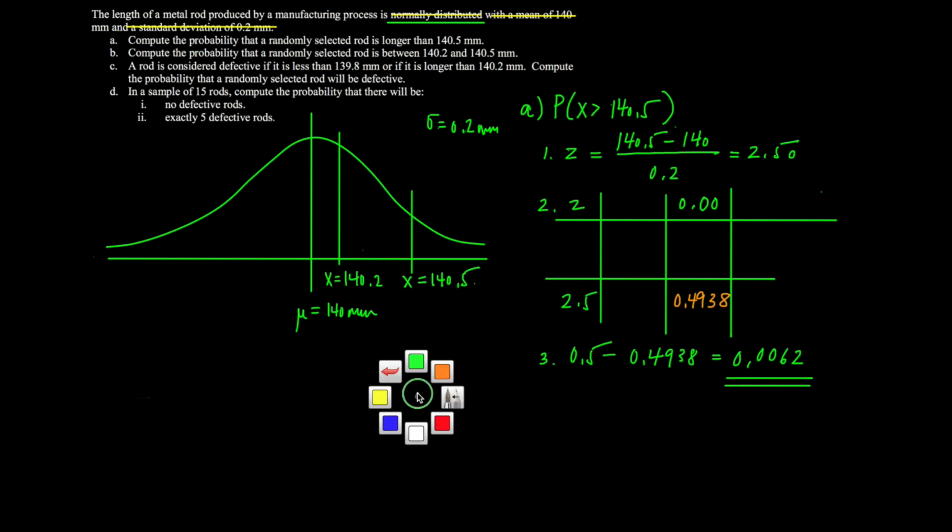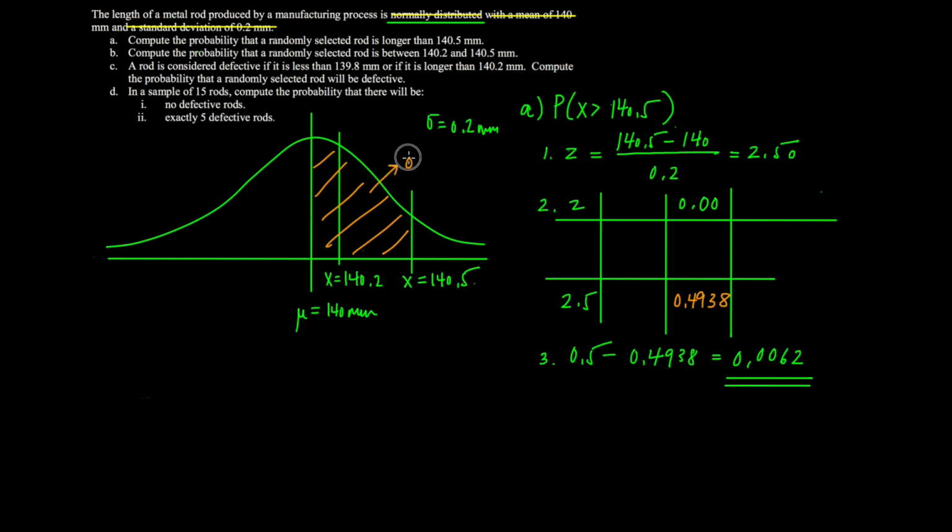Okay, so now pay close attention. This part right here we found in part A, and we know to be 0.4938. So now what we need is to isolate for this part right here, right?